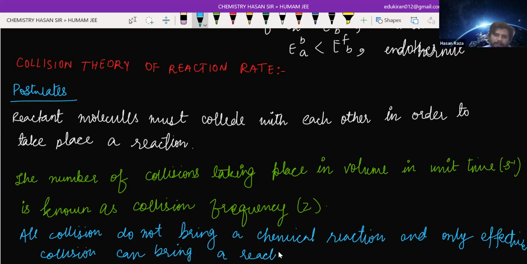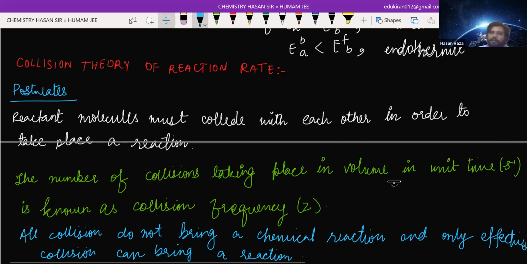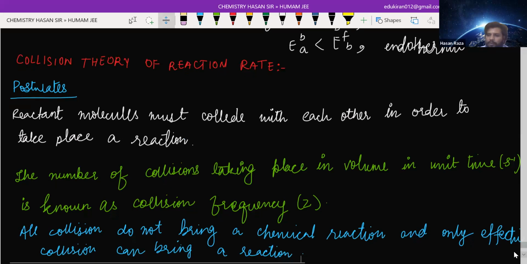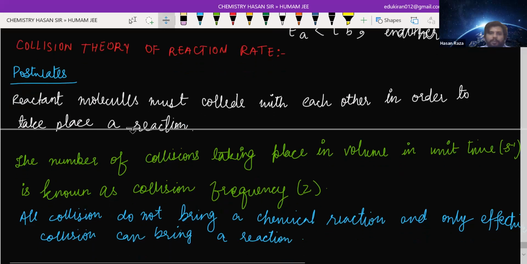So it's very simple. It's not necessary that if you are going to collide reactants, then products will form. Only effective collision, that means there should be proper orientation, they should be colliding in a right direction, then you can have the desired products. So please do write it.